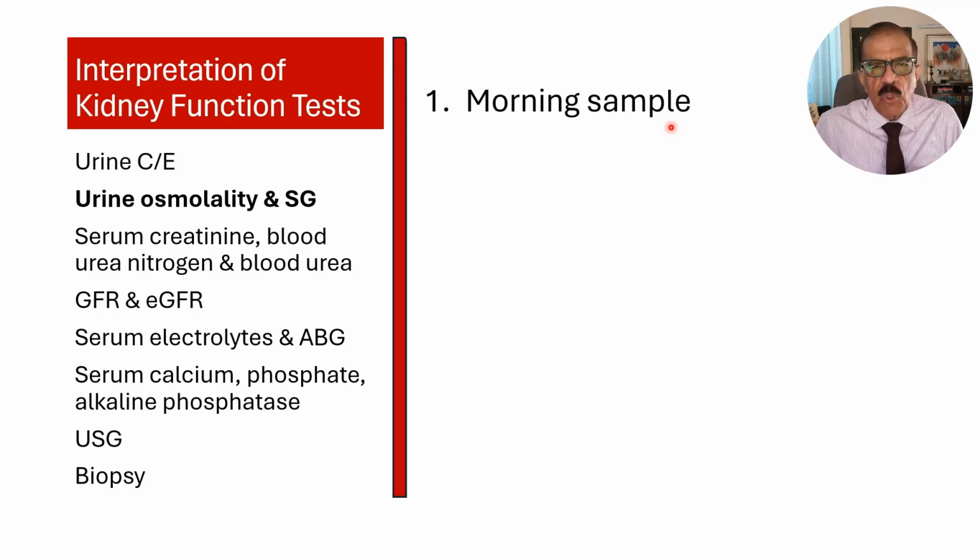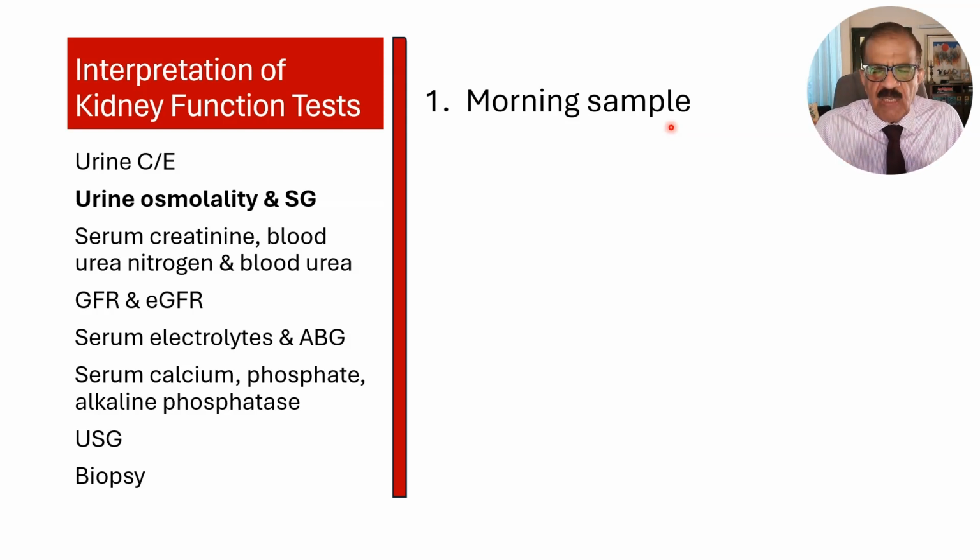That is a physiological change, because your kidneys are trying to preserve water. And if you've taken a lot of water, more than your body needs, then your kidney must be excreting that extra water and urine would be dilute. But urine osmolality and specific gravity vary within a certain range.